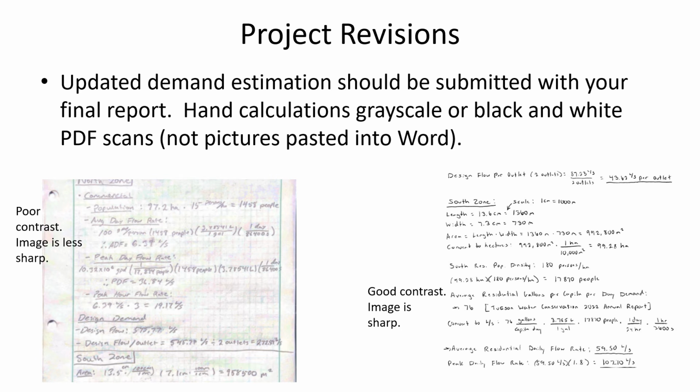Even if it's just a little bit of an angle, the image is what's called keystoned. Adobe Scanner or CamScanner both have image correction, and in the settings you can configure it to be black and white or grayscale. If you can't figure it out, stop by my office and I'll show you how to improve your scanning quality for hand calculations.